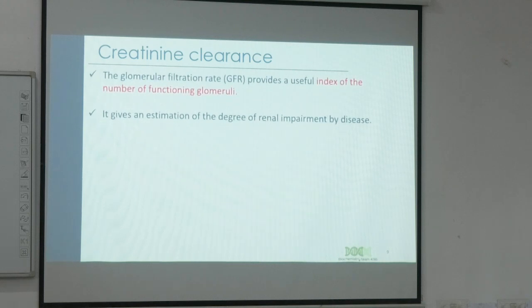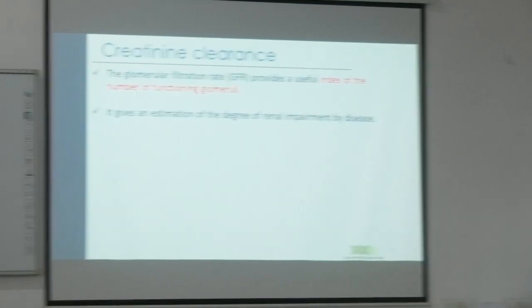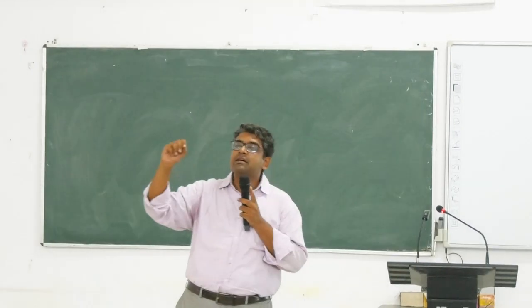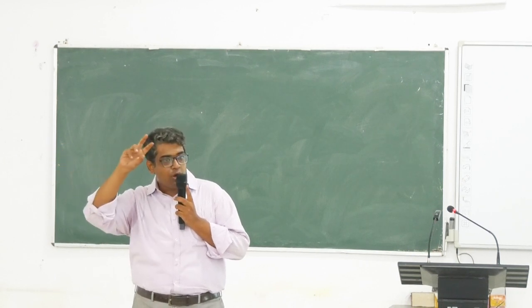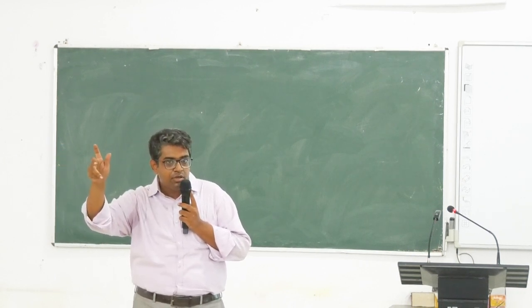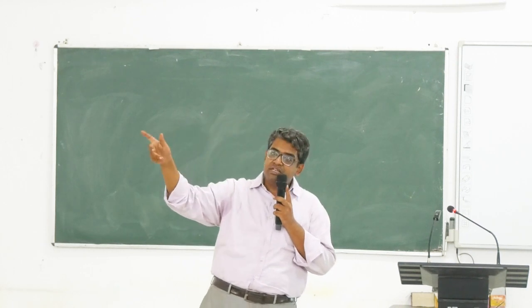Now, creatinine here. Since only a fixed amount of creatinine is getting excreted in your urine, we can utilize this in order to comprehend the glomerular function of the patient. This is very important in order to classify whether the patient is in acute tubular necrosis, that is a component of renal failure, or whether the patient is in chronic renal failure.